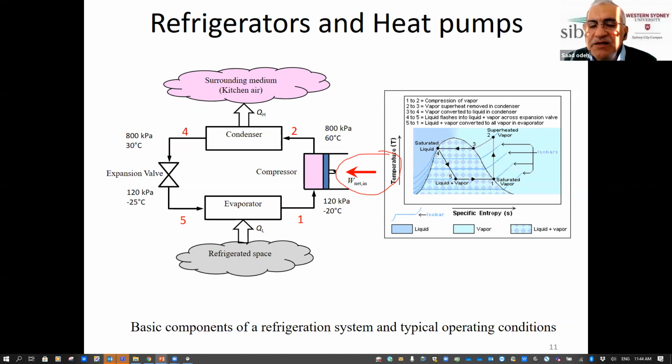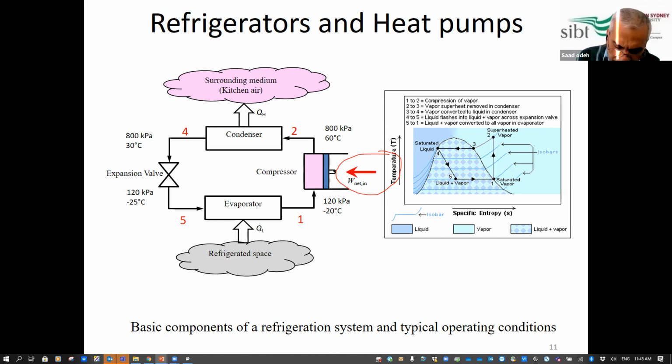For example, the refrigerator at home operates by consuming electricity required to operate the compressor of the refrigerator. So there is work, but here it is work input, not output.